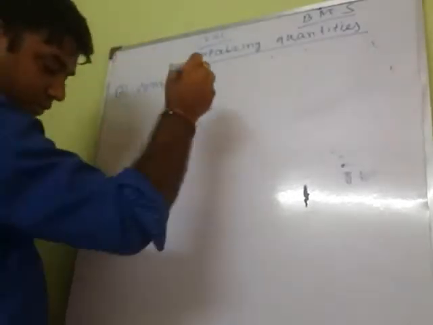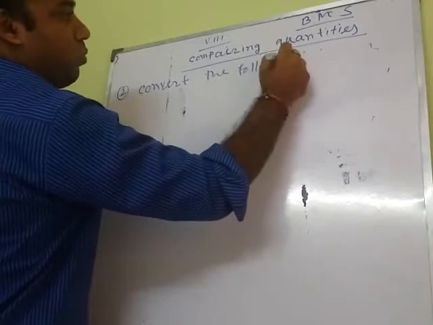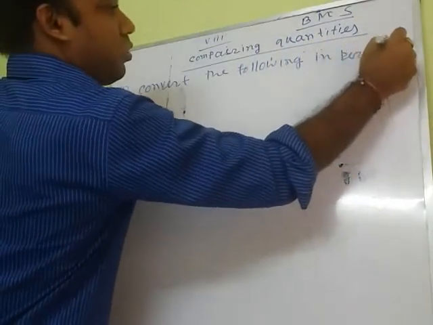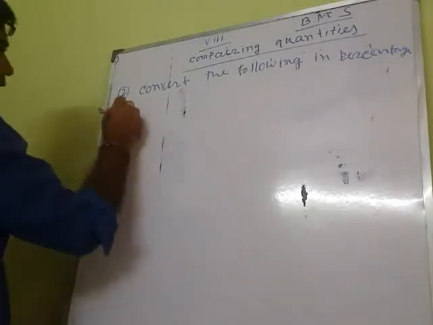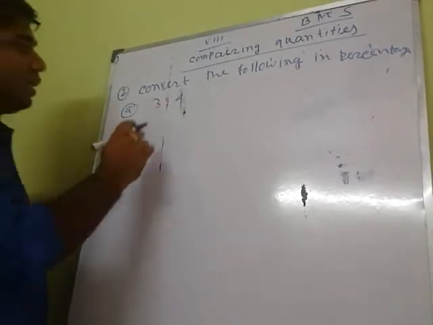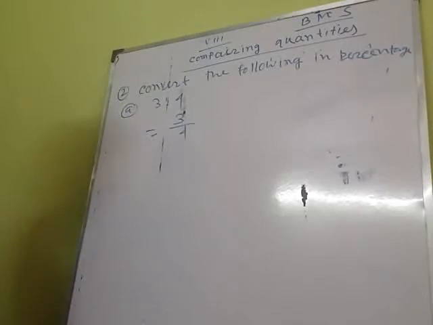Convert the following into percentage. The first part, part A, is 3:4. This is a ratio, and we know that a ratio can be expressed as the fraction 3/4.